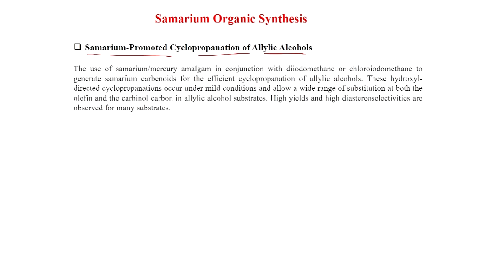Samarium promoted cyclopropanation of allylic alcohols. First we will discuss the use of samarium mercury amalgam in conjunction with diiodomethane, or chloroiodomethane, this is ICH2Cl, to generate samarium carbenoids for the efficient cyclopropanation of allylic alcohols.